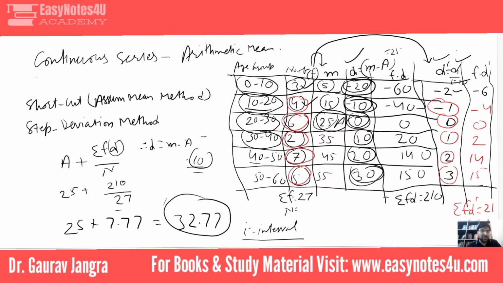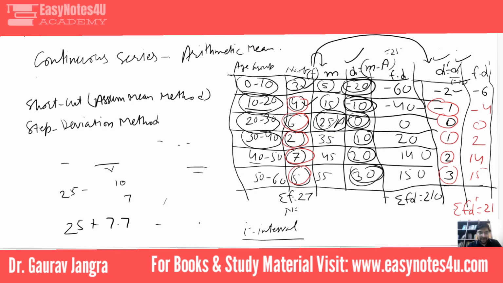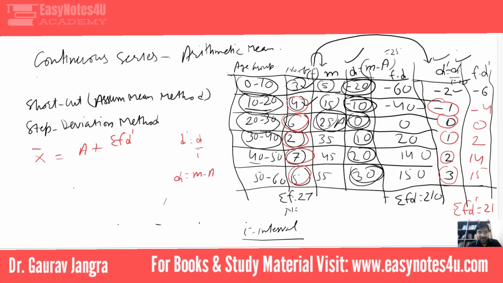So the formula for calculation of the arithmetic mean in the continuous series by the step deviation method will be: mean is a plus summation f d dash divided by n, multiplied by I, where d dash is d upon I, or m minus a divided by I, the interval gap.